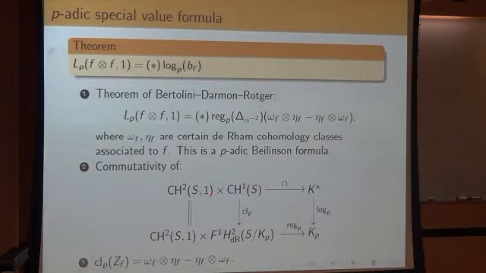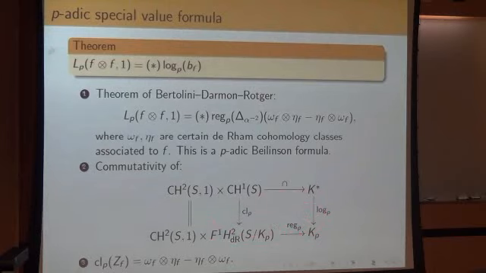If I go around this way, then via this last calculation, you're seeing that you're getting the p-adic regulator of delta with exactly this differential here. And so by the Bertolini-Darmon-Rotger theorem, that's the L_p of F tensor F. And there's a lot that goes into this. There's Besser's theorem that the p-adic regulator is related to the étale regulator via the Bloch-Kato exponential.